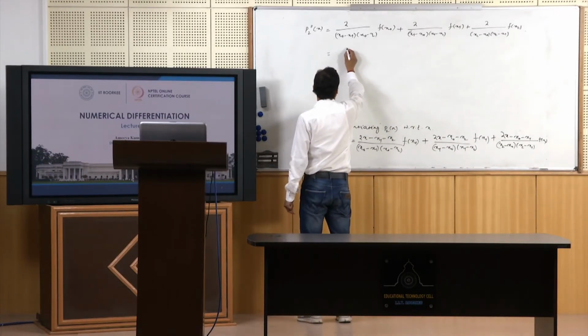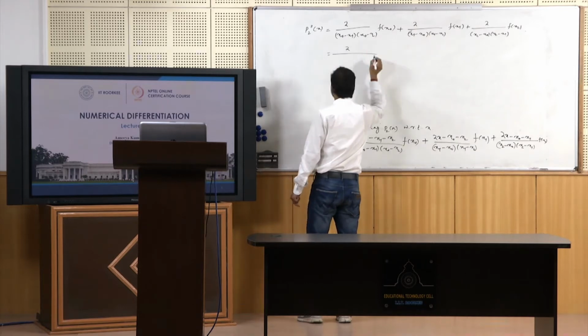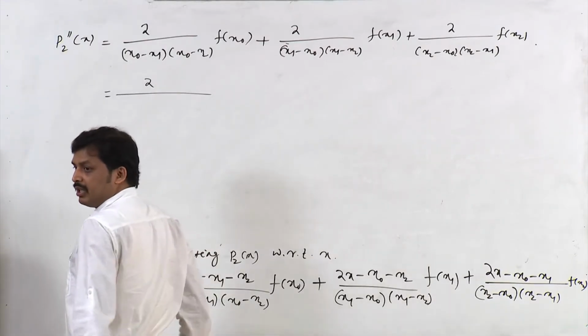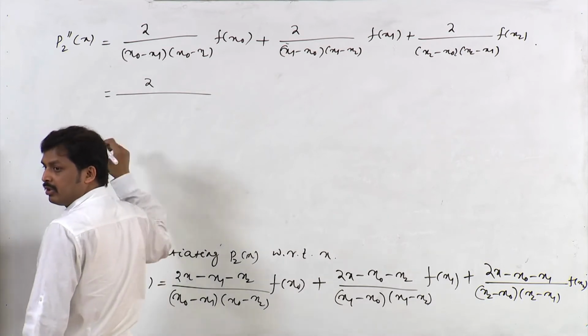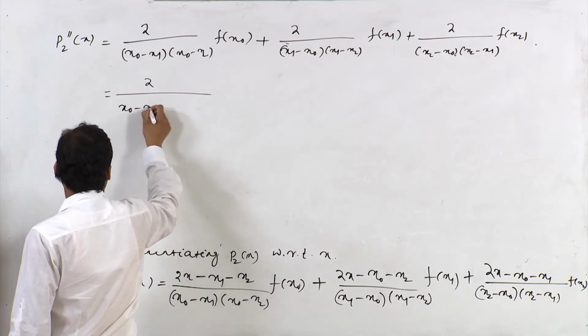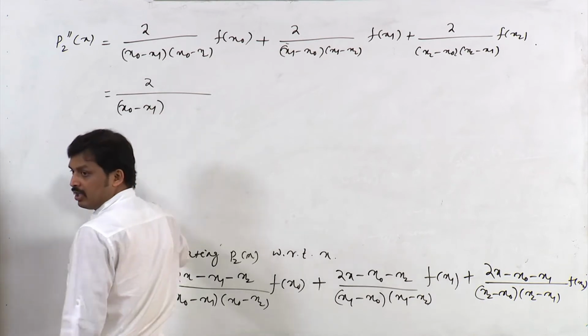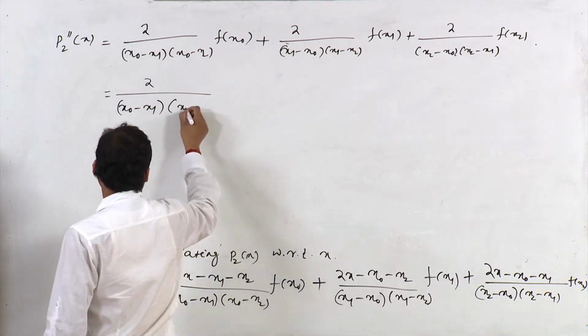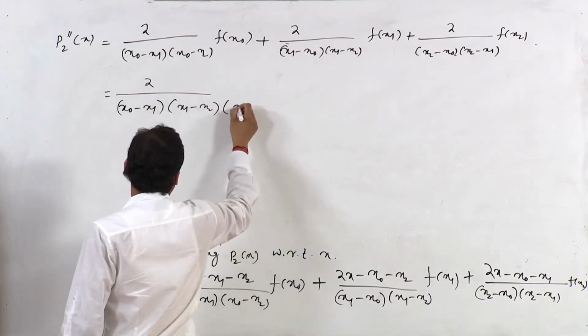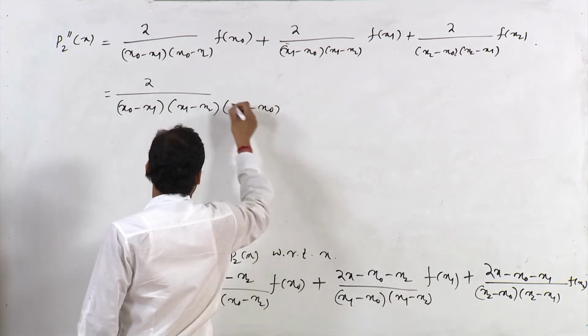And combinedly, if we write this term, 2 is common for all the terms here, 2 divided by (x0 minus x1), (x1 minus x2), (x2 minus x0).